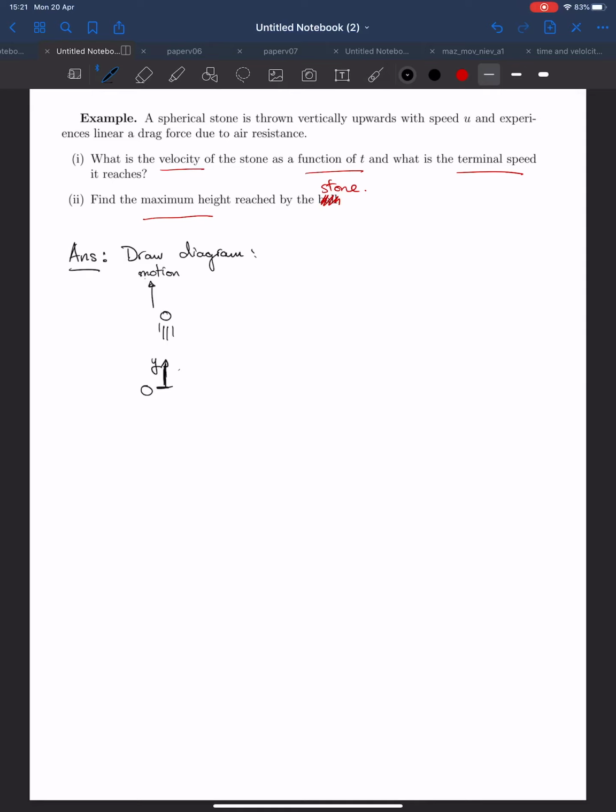So this is y. Okay, it was projected upwards. This is our stone. This O was the initial position, and this is our reference frame.